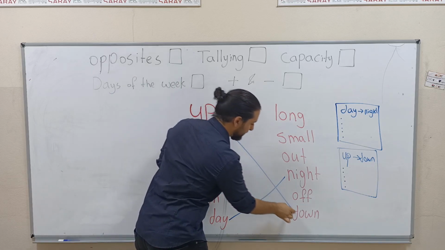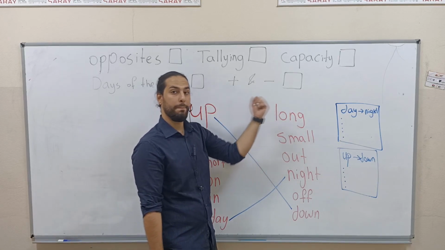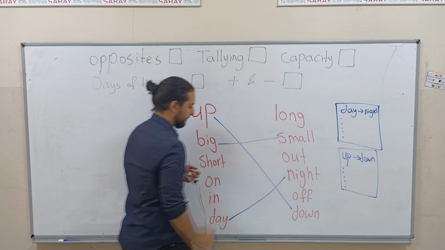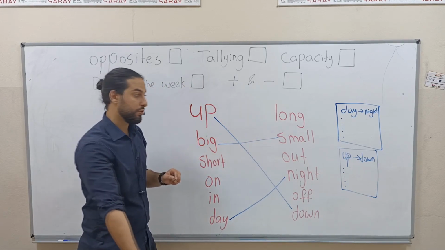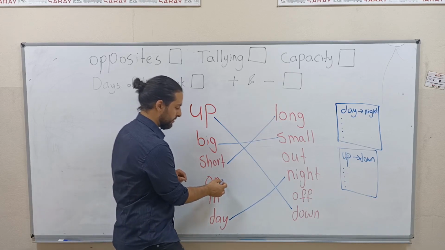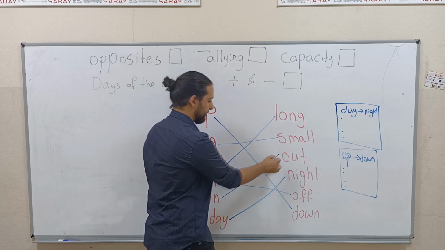So up is the opposite of down. What's the opposite of big? Same thing. Big, small. Short, what's the opposite of short? Long. Then you have on, off, in, out.